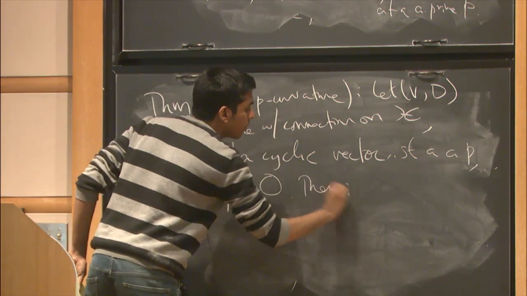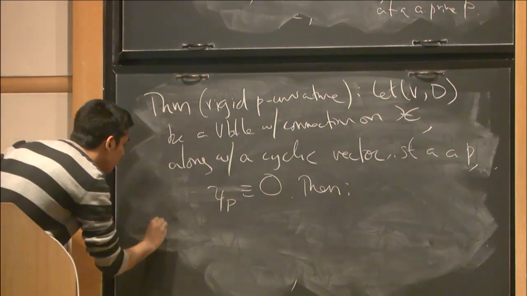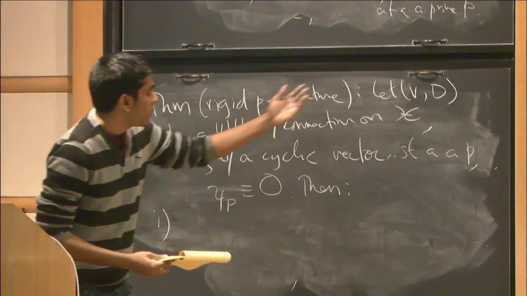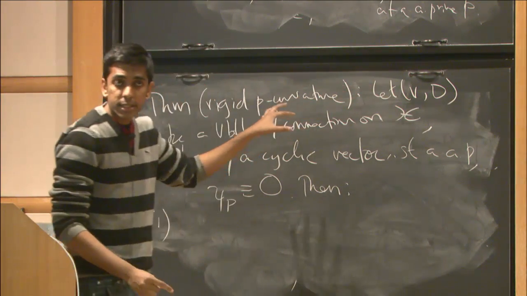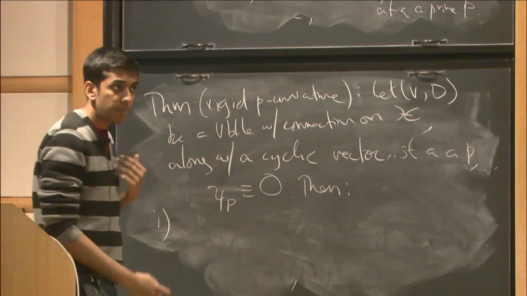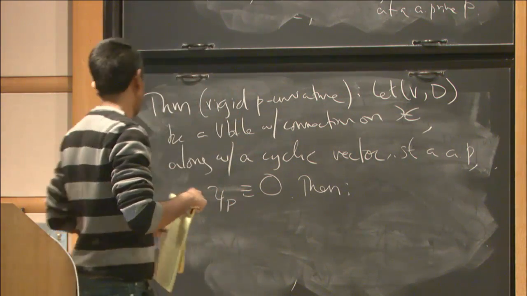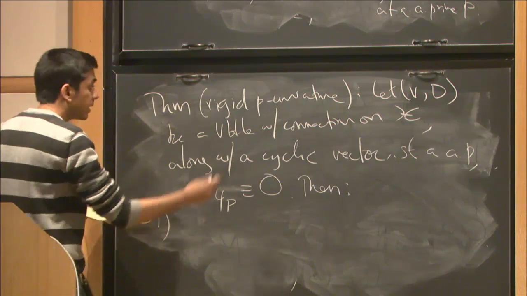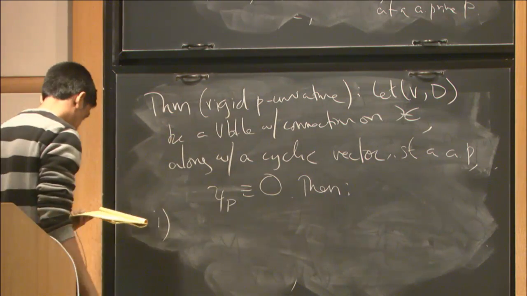Then the vector bundle with connection in terms of the cyclic basis will extend to the special fiber as well. So in other words, there's going to be no denominators in q.